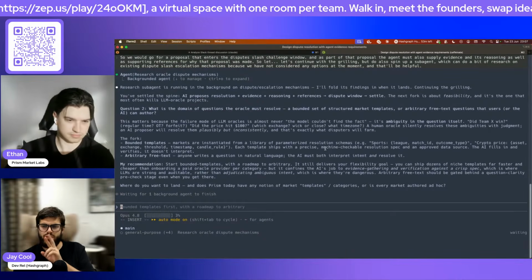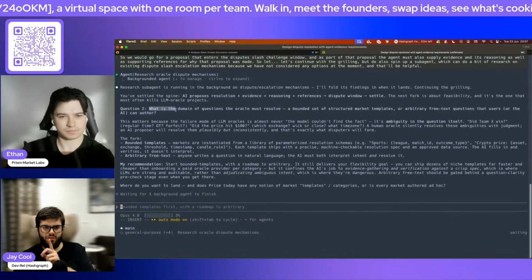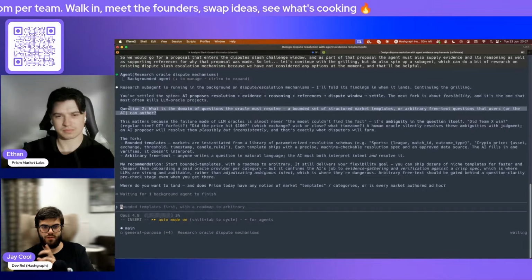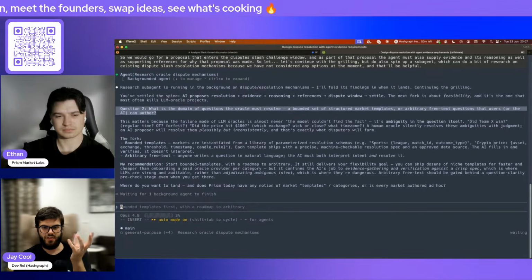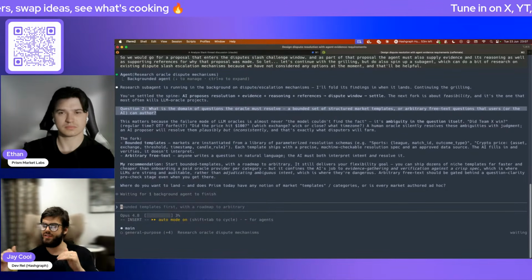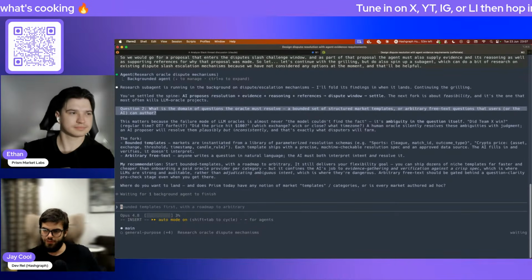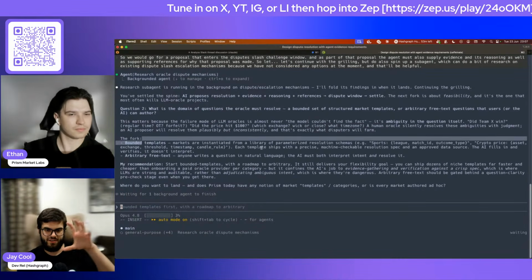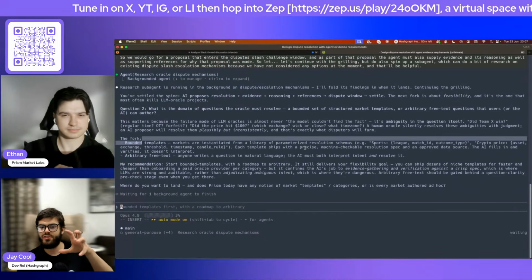But maybe for the sake of just this experiment, we can see if it'll find its own reliable sources for now. Yeah. So in fact, I think the question was a slightly different one. I'll still mention what you said. The question was more in terms of the types of questions. Are they always going to be a fixed set? Here, for example, it clarifies it. So bounded templates, markets are instantiated from a library of parameterized resolution schemes.